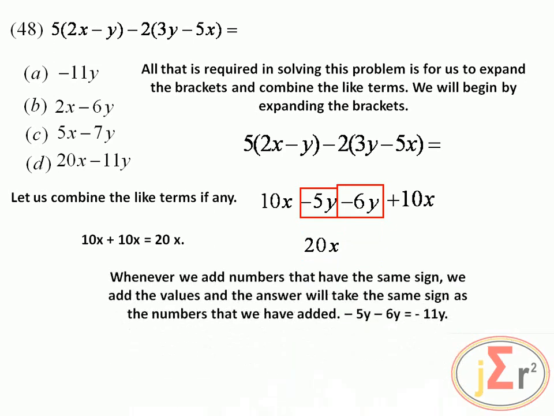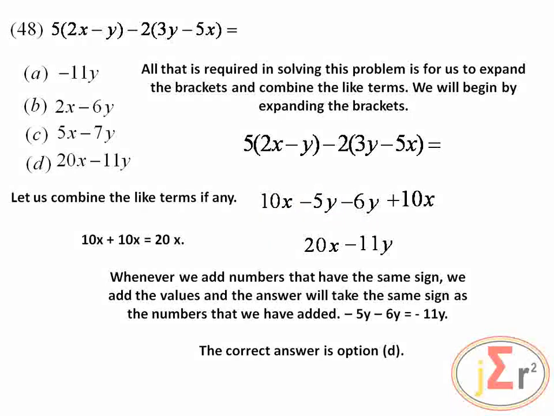Do not forget that whenever we add numbers that have the same sign, we add the values and the answer will take the same sign as the numbers that we have added. So we have a negative 11y right there. The correct answer is option D, 20x minus 11y.